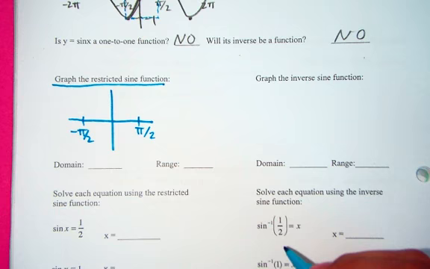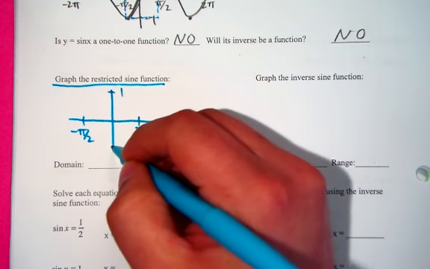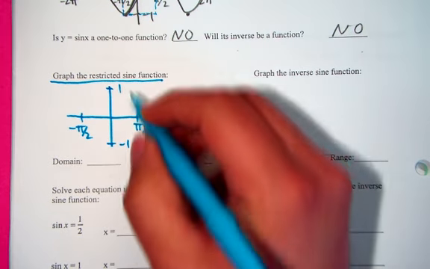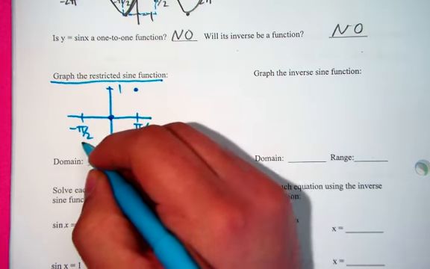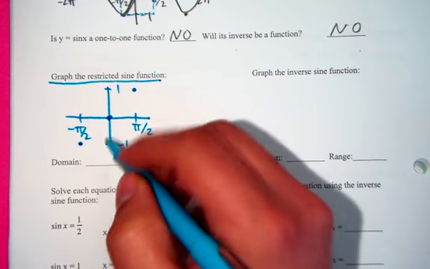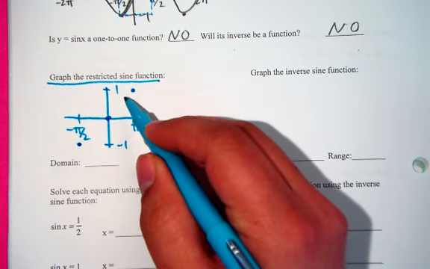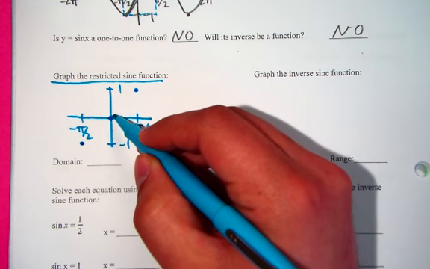We're going to stop at -pi over 2 in the negative direction, and we're between 1 and -1. And now at 0 we're at 0, at pi over 2 we're at 1, at -pi over 2 we're at -1. Now it's not a straight line, because you know that it's a curvy graph, right? And the shape here is very important.